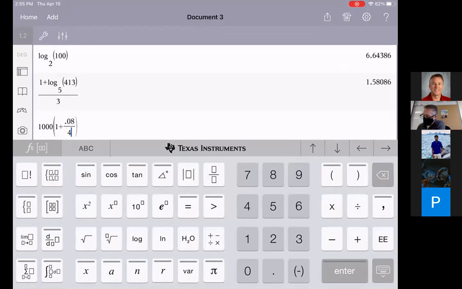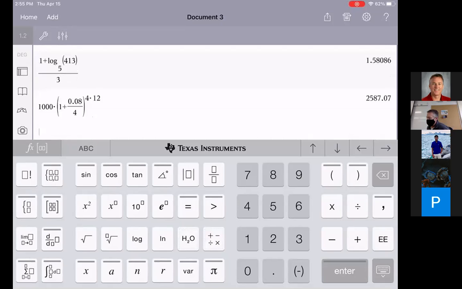My bottom is 4 because I'm compounding it quarterly. And then don't forget it is an exponent of 4 times 12 years. So that's the way it looks in your calculator. Are we okay so far before I hit enter? You guys are all good? Okay. And so there we go.